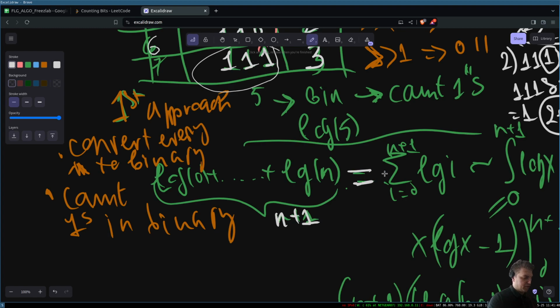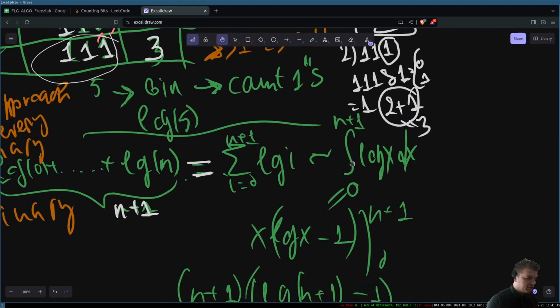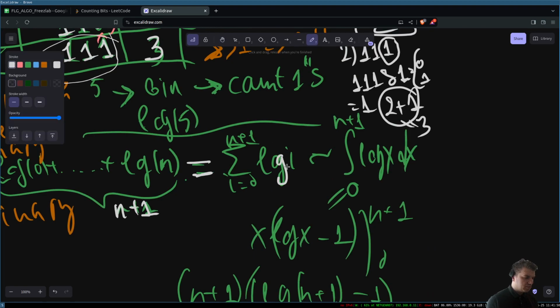So the integral can be used as an approximation for the sum. The integral is going to be x times (log x minus 1), with bounds from 0 to n plus 1.